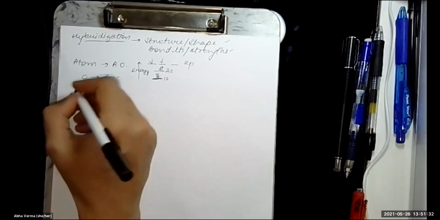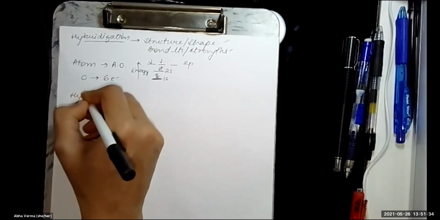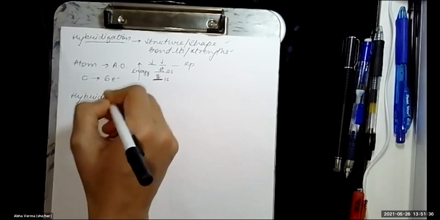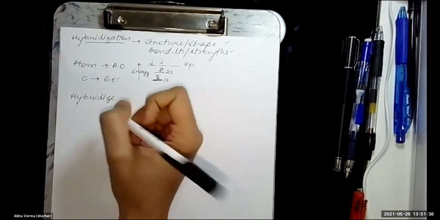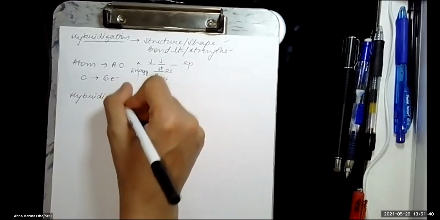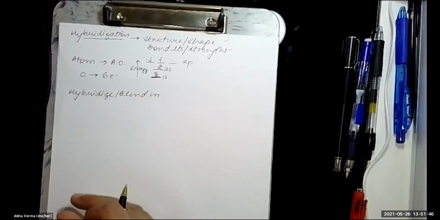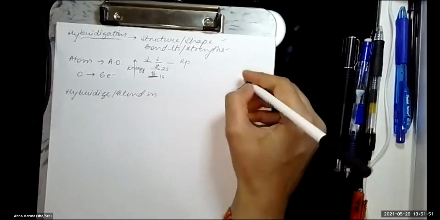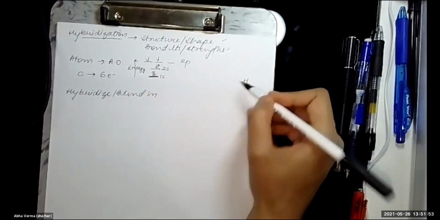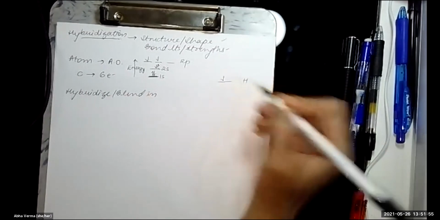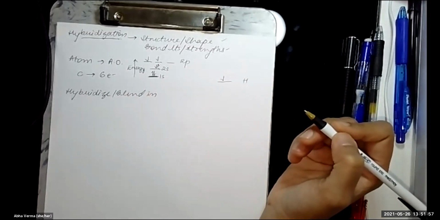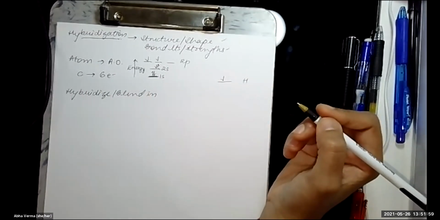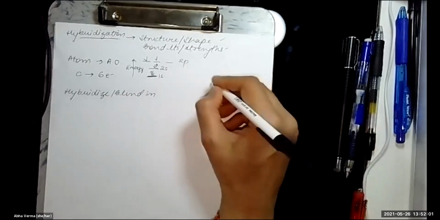In molecules, we get hybridization. The orbitals hybridize, or blend in, to make new orbitals. So for example, if we have a carbon atom and a hydrogen atom, the hydrogen atom has only 1 electron in the 1s state.